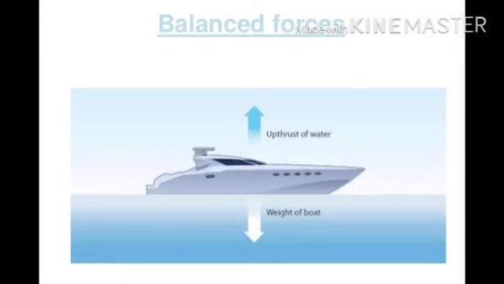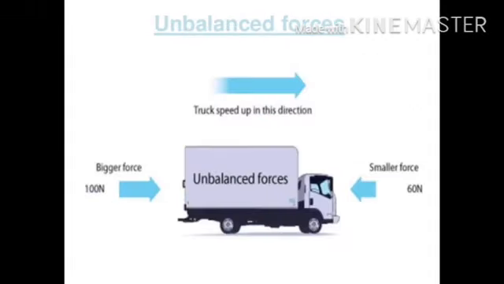Both are equal, which means the resultant force is 0. So the ship is in balanced force. Now see in this figure, the 100 Newton force is applied from the back and 16 Newton from the front. So what is the resultant force?